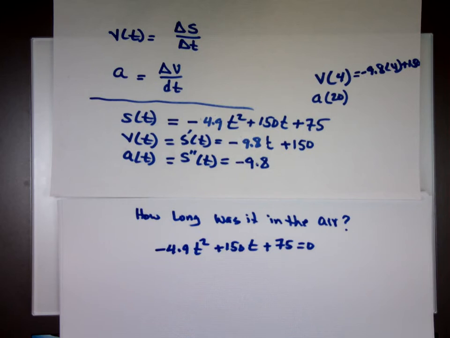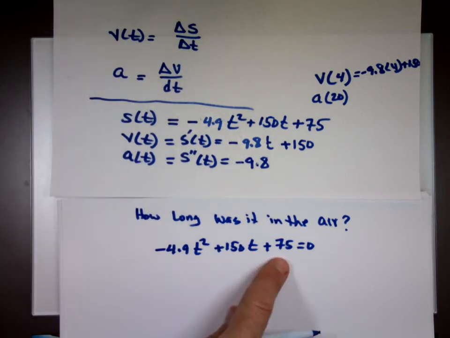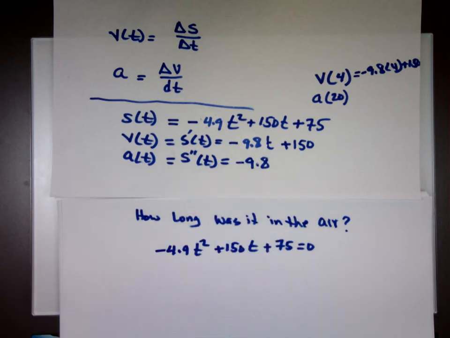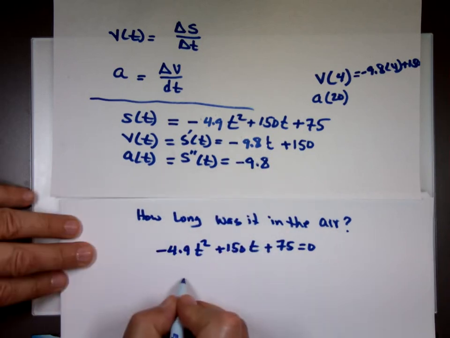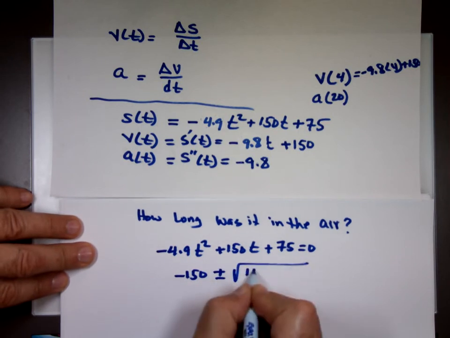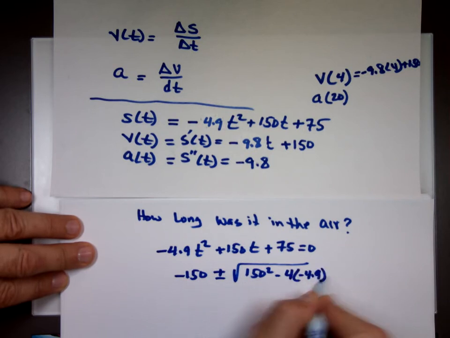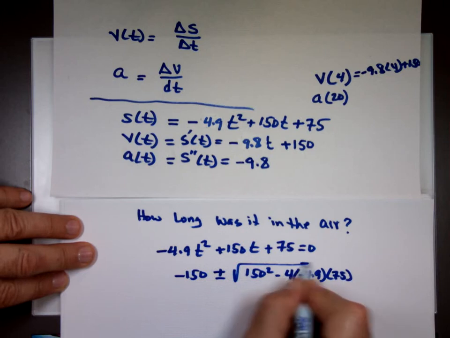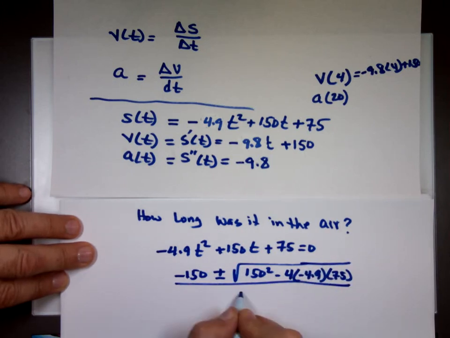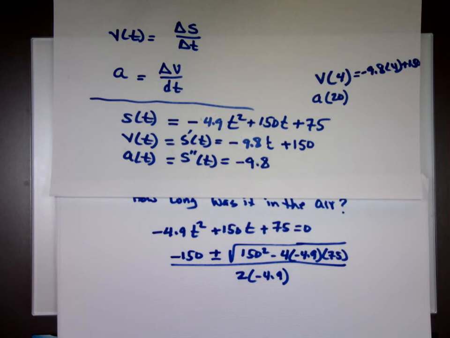Once the height hits 0, that means it hit the ground. So if the 20 seconds happens to be more than the time it was in the air, then it's going to be 0 there. So let's solve this one. Minus b, quadratic formula, plus or minus the square root of 150 squared minus 4 times negative 4.9 times the 75, divided by 2 times negative 4.9. And that will tell me how long it was in the air.